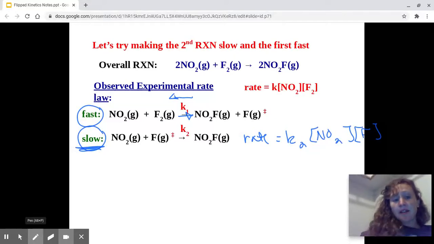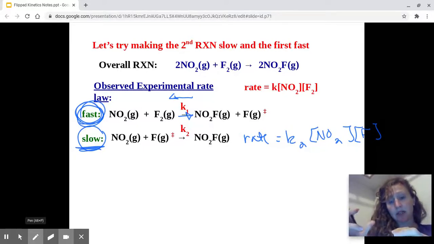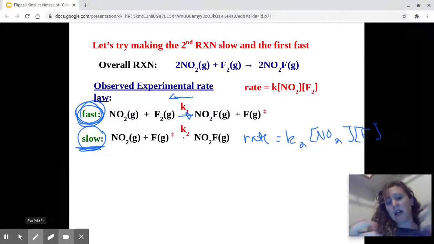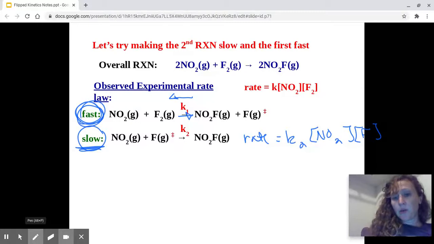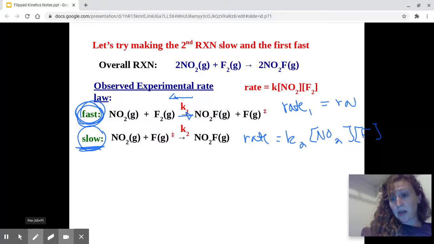And because this first reaction is so fast and is going to stockpile these products so fast, which then collide and create a reverse reaction, eventually it's going to hit an equilibrium where the rate forward, we'll call it rate 1 for forward, is going to be equal to the rate going backwards.